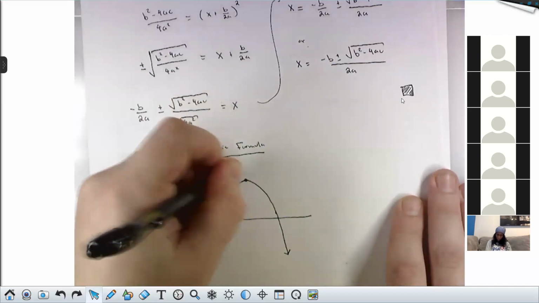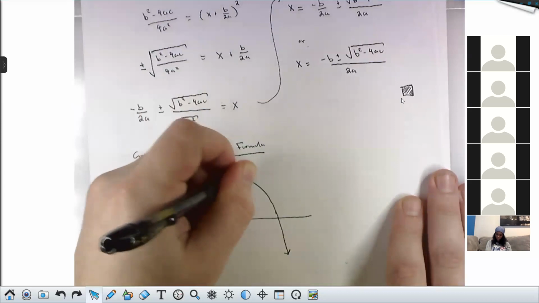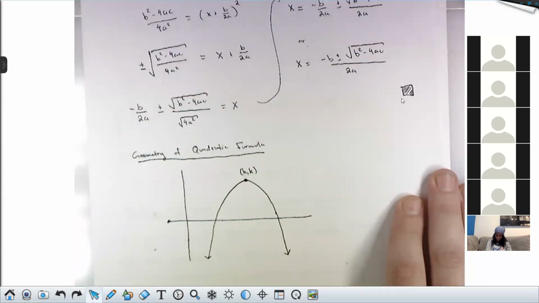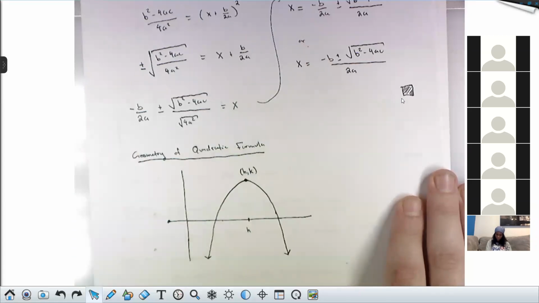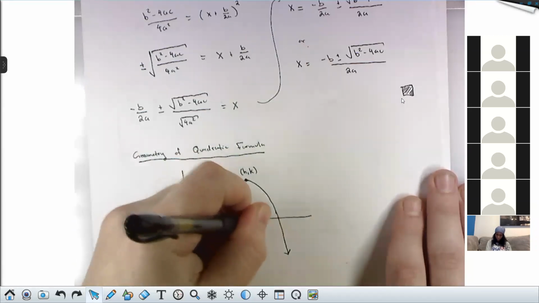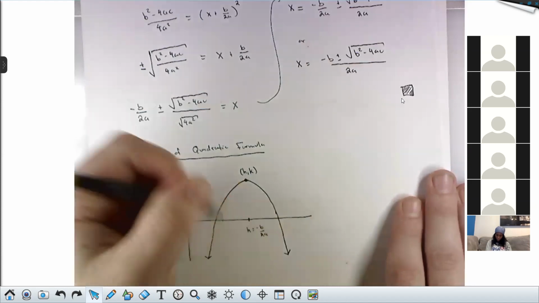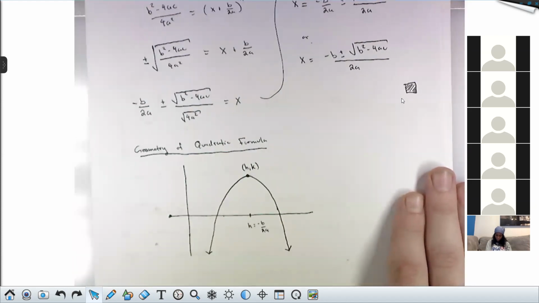So this is our vertex, h comma k. So I know that this x value right here is h, which many people remember is negative b over 2a. Well, why is that the case?